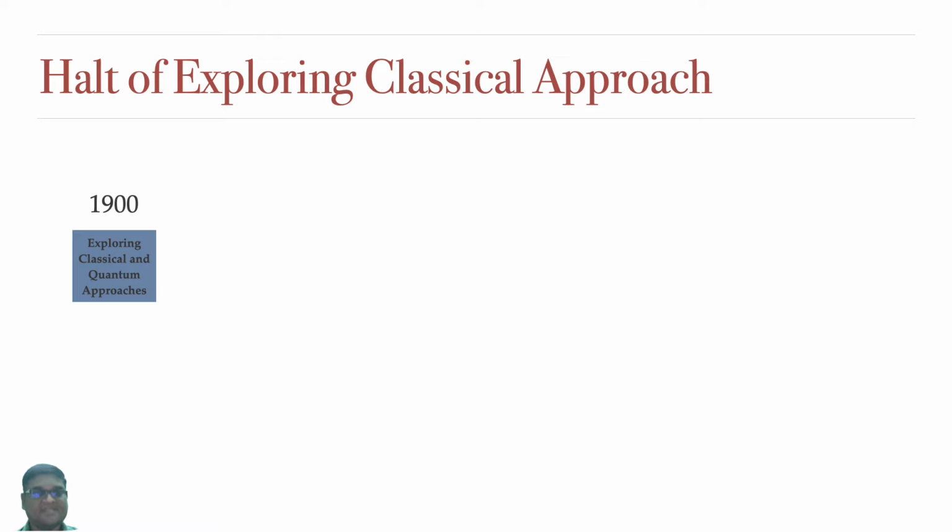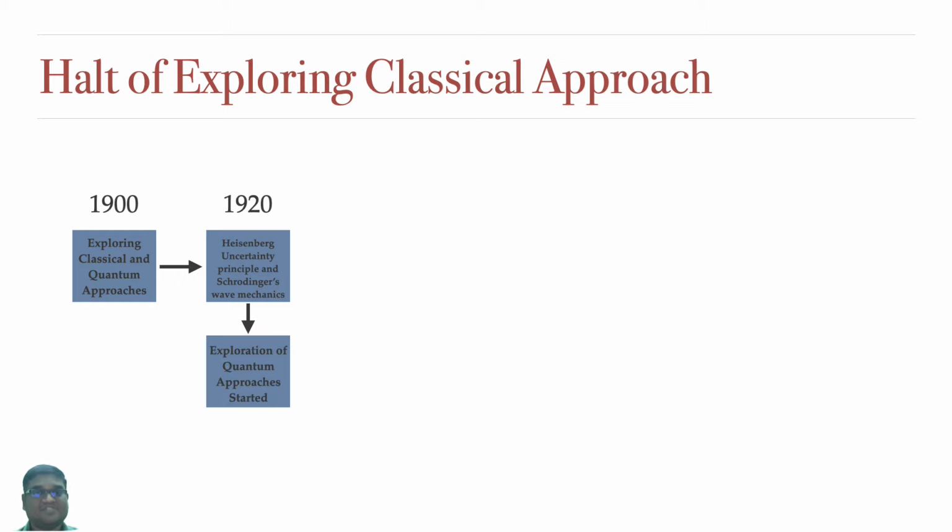or how the atomic models emerged from this. In 1920, the Bohr atomic model came up, supporting quantum approaches. The Heisenberg uncertainty principle and Schrodinger wave mechanics came out, and this favors the quantum perspective.